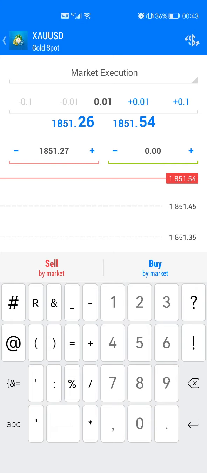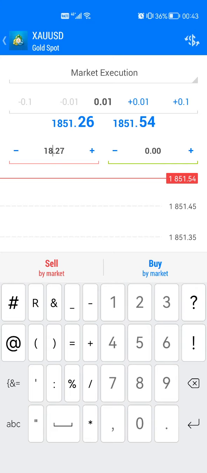And then let's say you want to buy. Placing a stop loss helps you prevent your account from being blown. So you have to place your stop loss lower than the current price, since it was 1851.27.